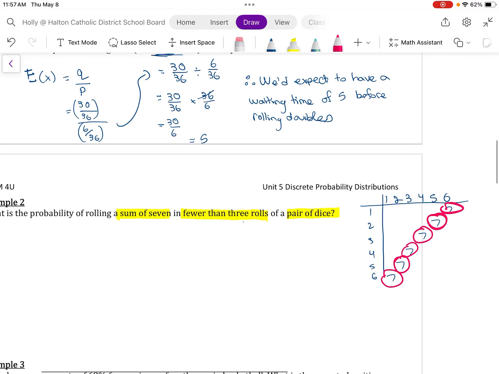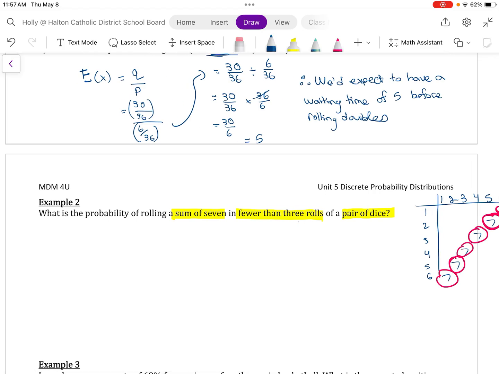There are 6 possibilities out of 36 to get my P, which gives me Q of 30 over 36. Let's just fill this out here. Let X represent the number of trials before getting the first sum of 7.